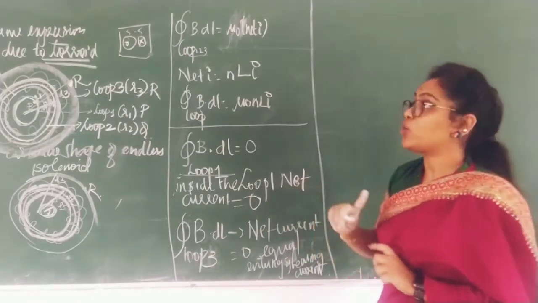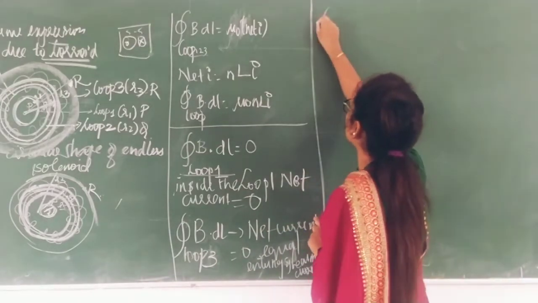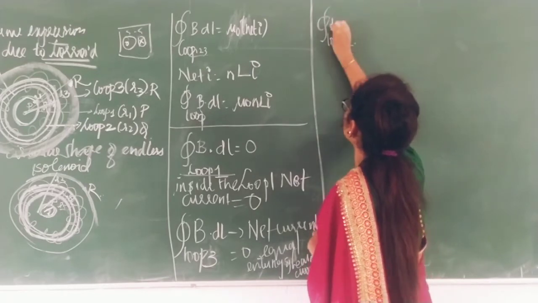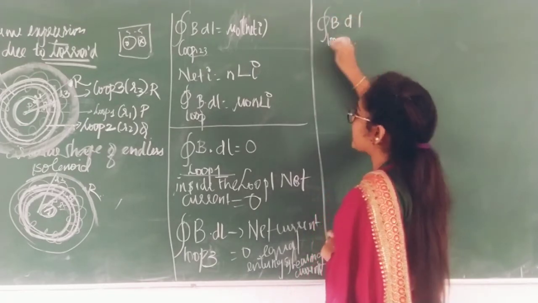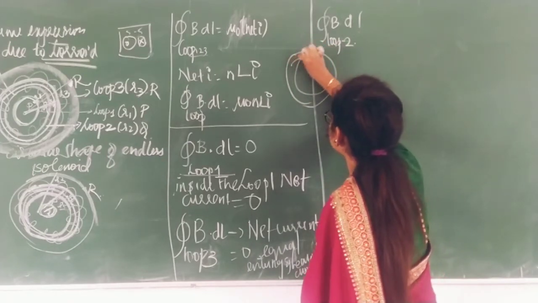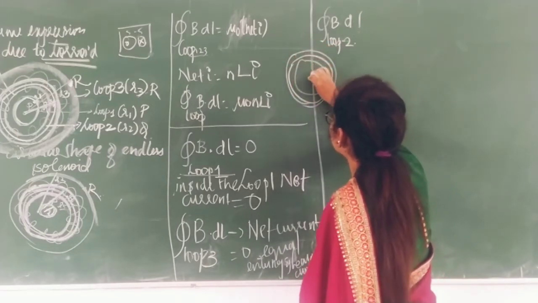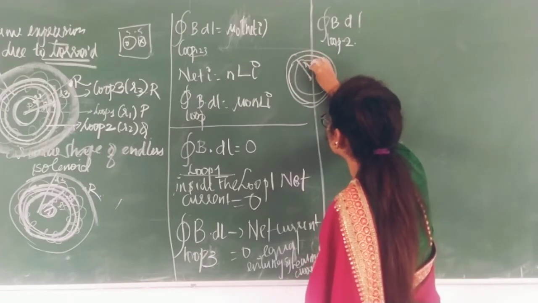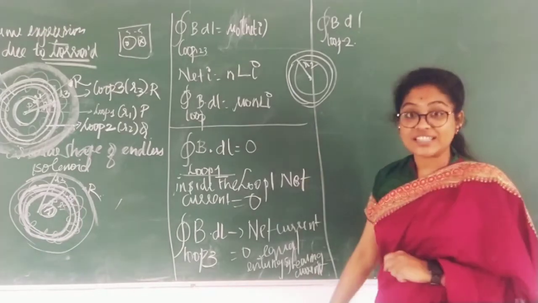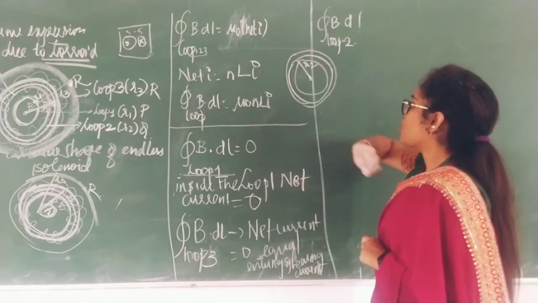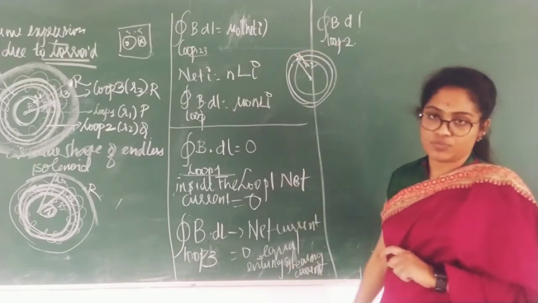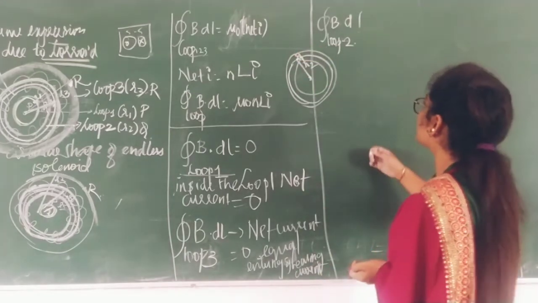Now we have only one hope, that is loop 2. Loop 2, obviously, there will be current there. This is just the toroid. I am considering loop 2 with radius R2. Only I am taking loop 2, so it will be clear for you. Here is my magnetic field at this particular point Q. Let us write the formula.